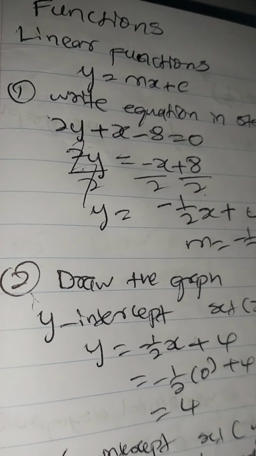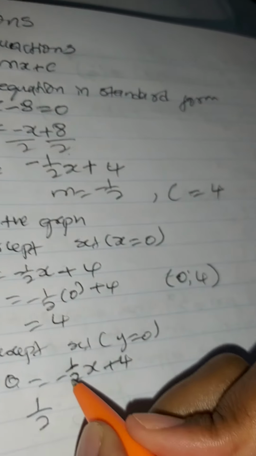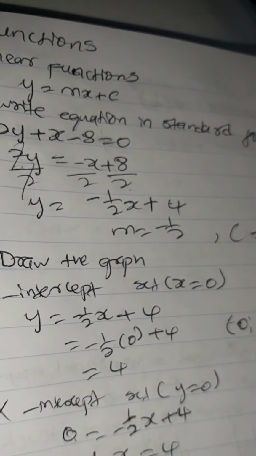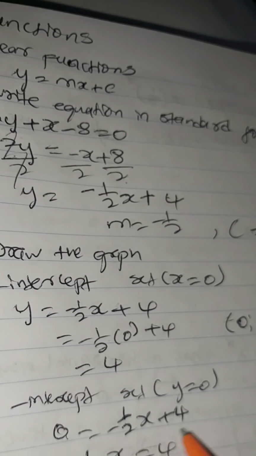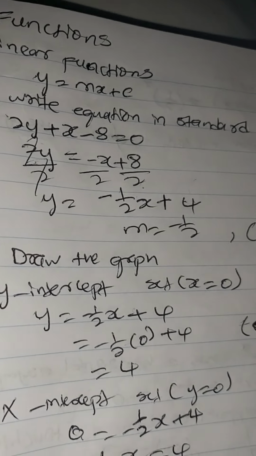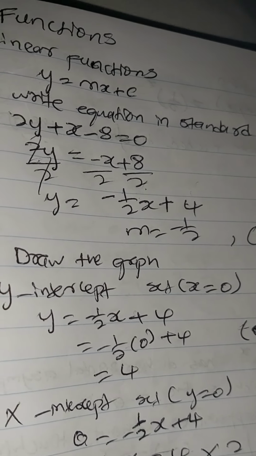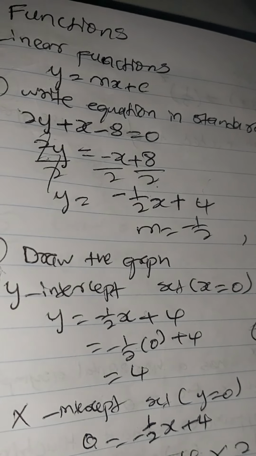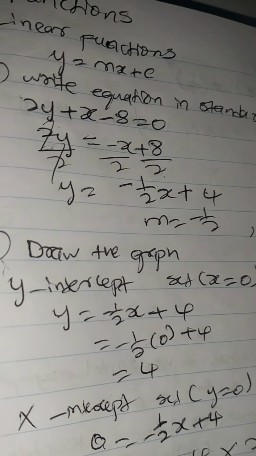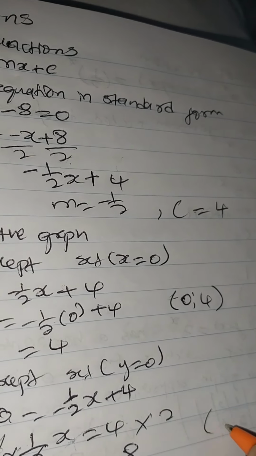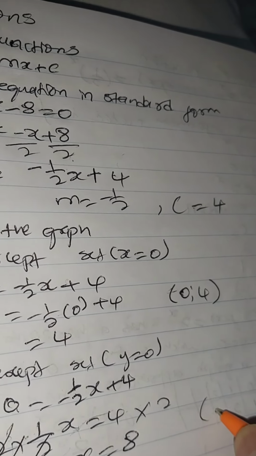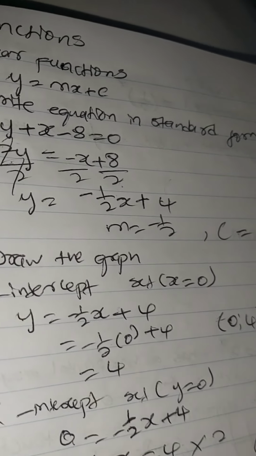We can bring x to this side, it becomes a positive number. So half x is equal to 4. Then to get x, we can multiply by 2 on both sides. So this is going to cancel, x is equal to 8. Therefore, the coordinate here is (8, 0).